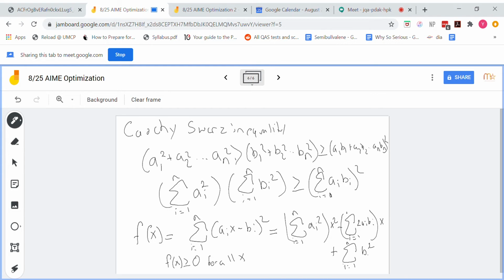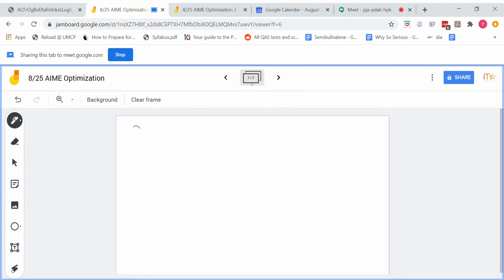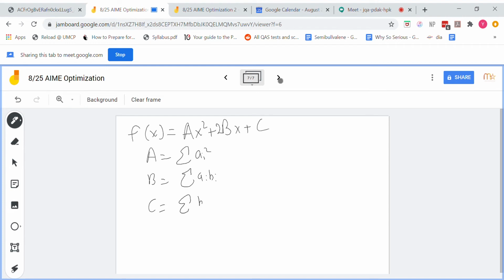So it's essentially a quadratic, f of x equals ax squared plus bx plus c, where a equals the sum of ai squared, b equals negative 2 times the sum of ai times bi, and c equals the sum of bi squared. All these sums are from 1 to n, so I'll just stop writing that.